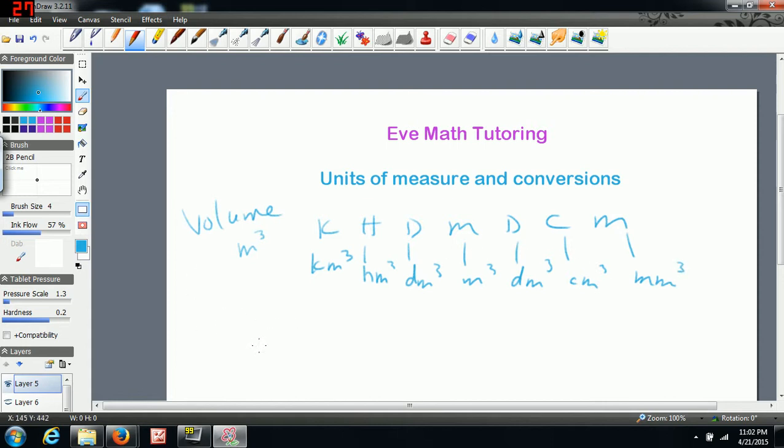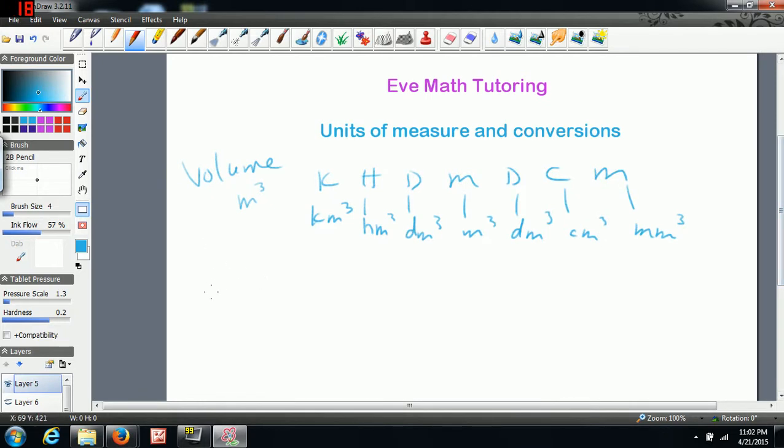So in this case, the question asks you to convert 3,190,000 centimeters cubed to meters cubed. How many meters cubed does this give you? You go from centimeters to meters, so that's 1, 2.